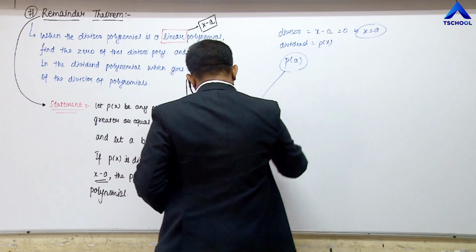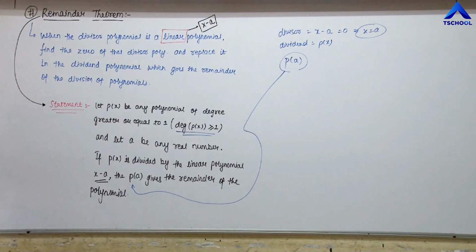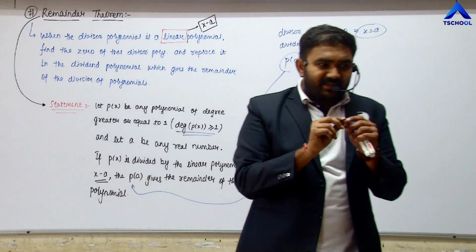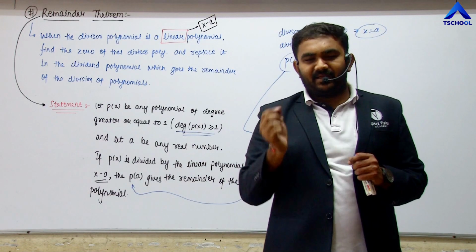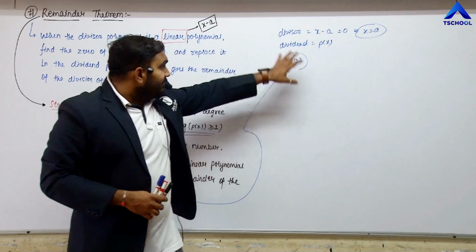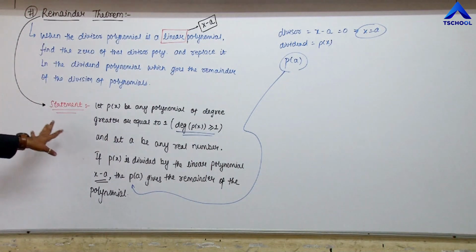P of a. That is the thing we are talking about here. Yes or no? This p of a simply means replacing all the x in p of x by a. And what is a? A is a real number that we obtained from the divisor polynomial. Yes or no, friends?